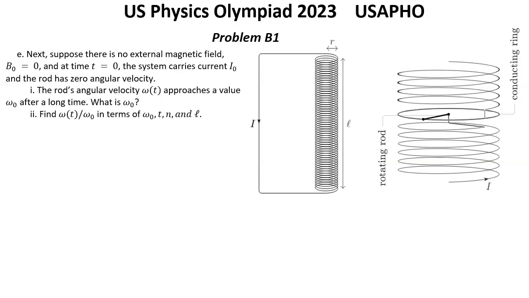Solution. Because the external magnetic field is 0, we have to use the magnetic field created by current I, which is initially I0.